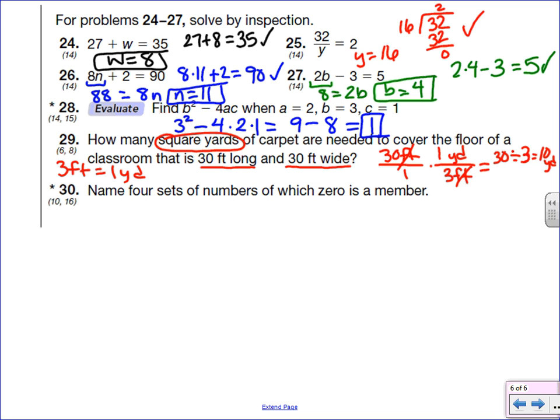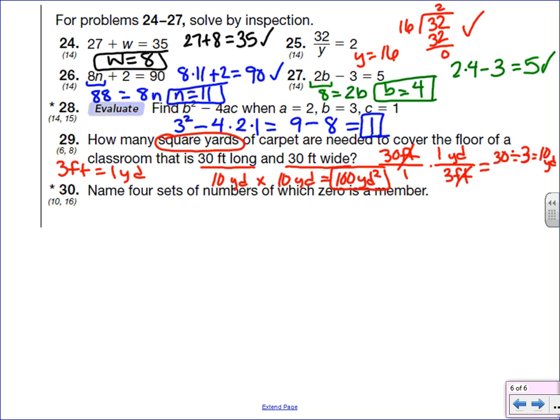So since both sides of the classroom are the same, it's really 10 yards by 10 yards. 10 times 10 is 100 yards squared of carpet.